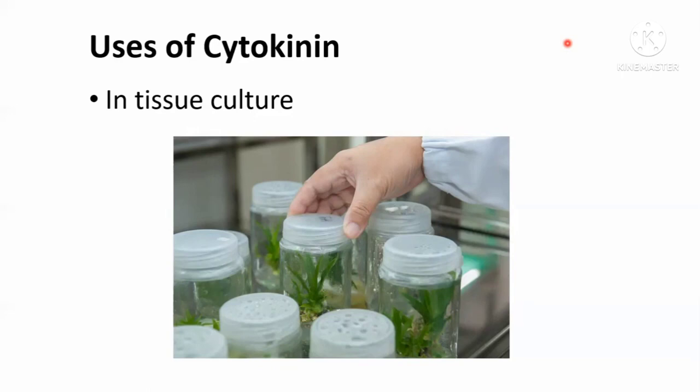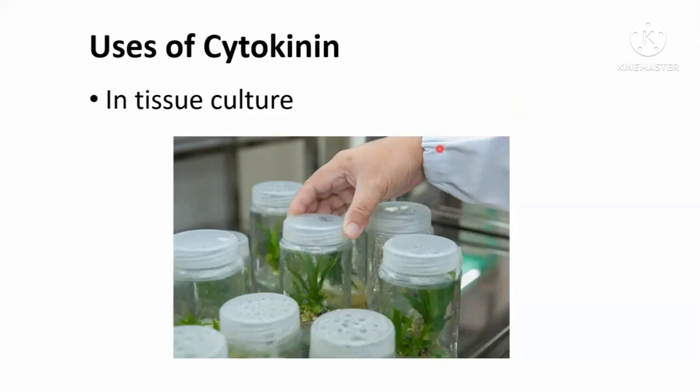So the auxin to cytokinin ratio is low, because the cytokinin amount is high. After that, when we need to develop a root system, we have to incorporate more auxin into the growth media. So now the auxin to cytokinin ratio is high. Cytokinin is used in tissue culture in such a manner.